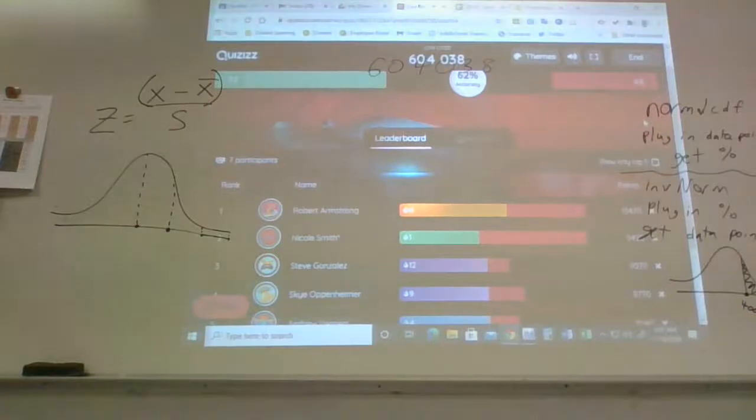You know what's been tricky? The negative sign. The answer was either positive 1.42 or negative 1.43. Was it a Z-score problem?